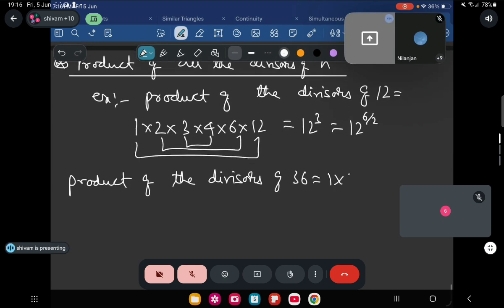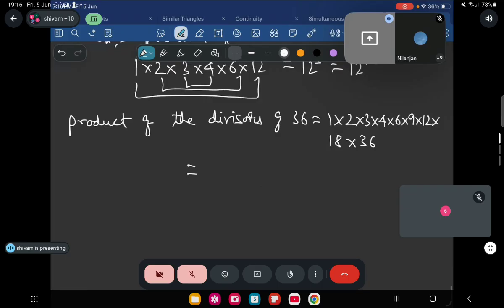So 1 into 2 into 3 into 4 into 6 into 9 into 12 into 18 into 36, right? So again, let us start pairing them up. We'll get the pairs, 1 into 36, and so on. So we'll get 4 pairs, right? We'll get 36 to the power 4 multiplied by 6.